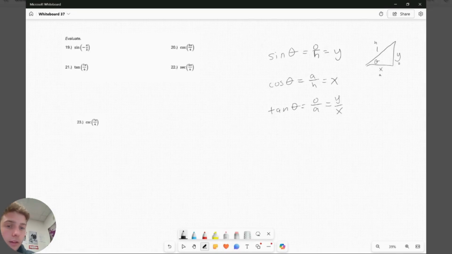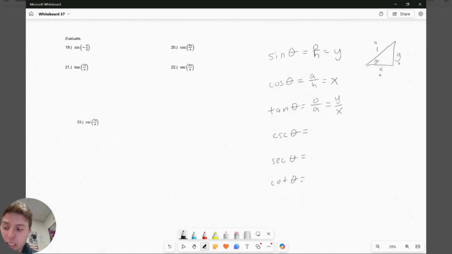So from there, the 3 new trig functions that you may not have heard of are cosecant, secant, and cotangent. Each of these are just the reciprocals of the original 3 trig functions.